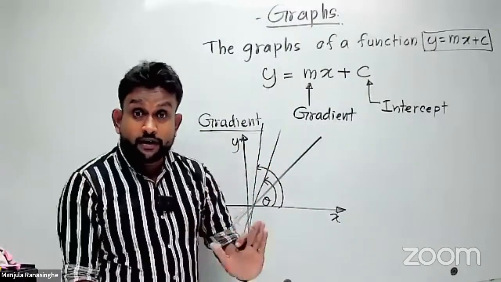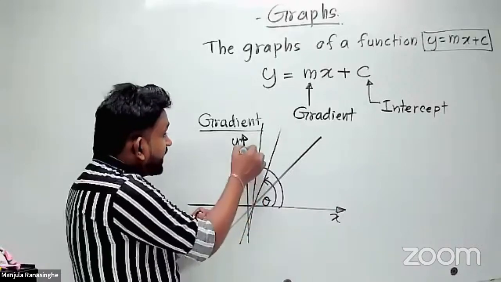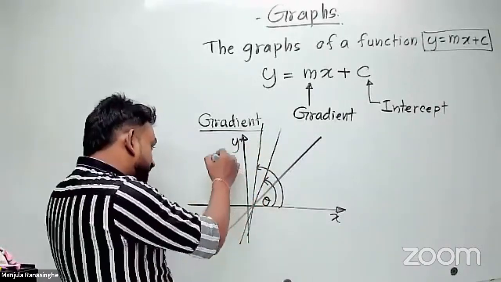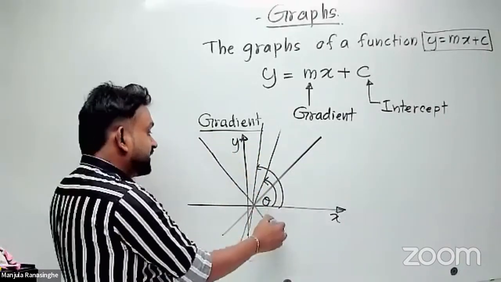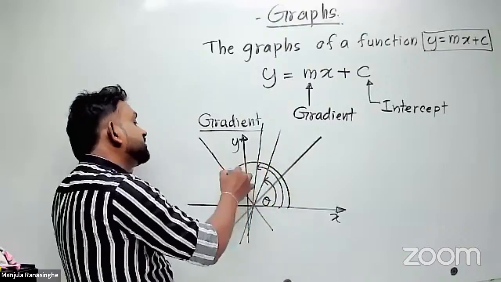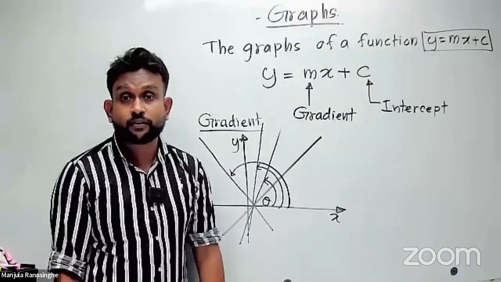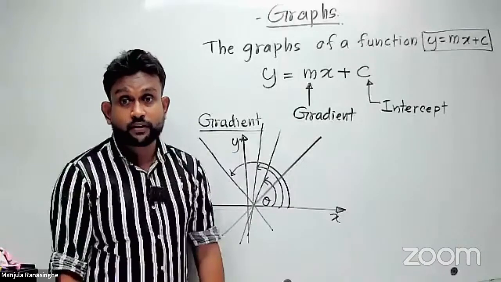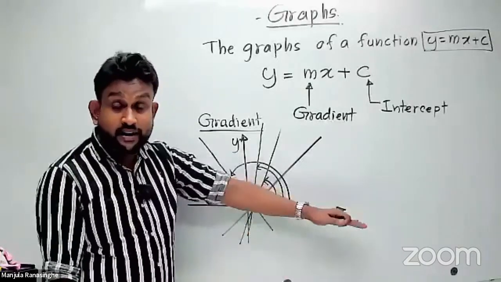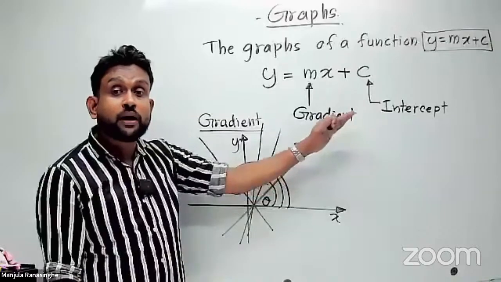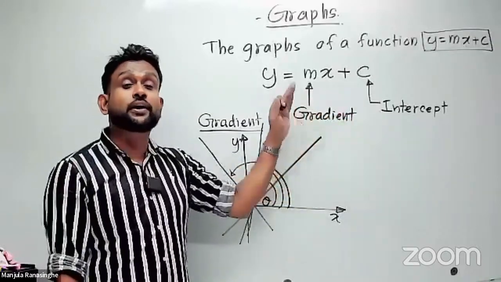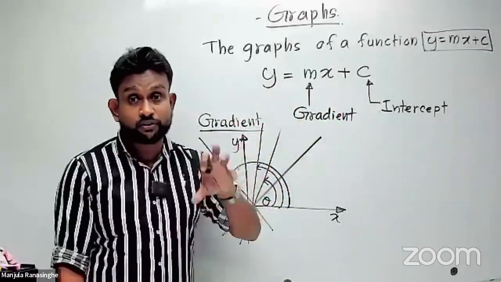When the graph makes an obtuse angle, we call the gradient negative. When it has an acute angle, the gradient is positive, and when the acute angle increases, the positive gradient value increases.